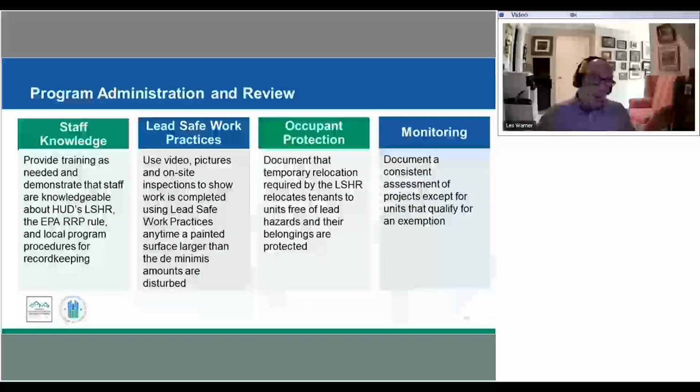As part of this, you, as the recipient of the funds, always have this oversight responsibility to make sure that things are being completed as needed. And so being able to document that you've had an appropriate level of due diligence to assess those projects, to make sure they were completed as required, that all of the steps are being completed, and that we have appropriate documentation in place.